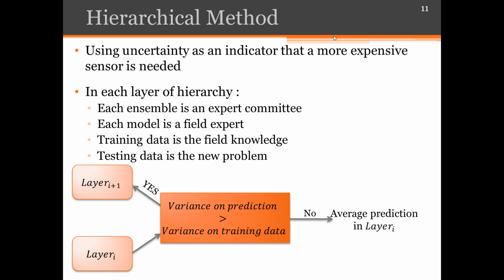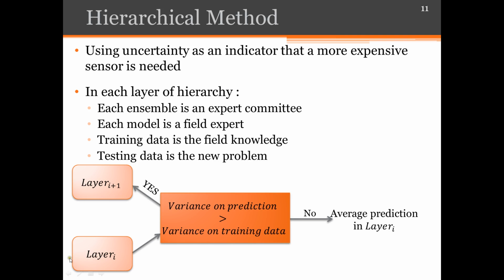So suppose an ensemble is an expert committee. Each model in that ensemble is a field expert, and the training data is the field knowledge that they have been trained on. And the testing data then is going to be the new problem that I'm going to ask them.